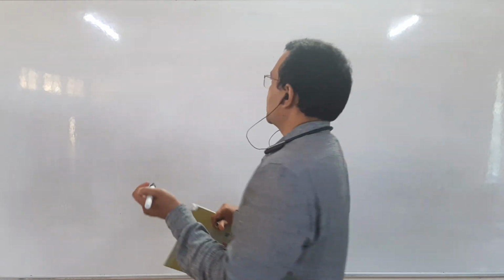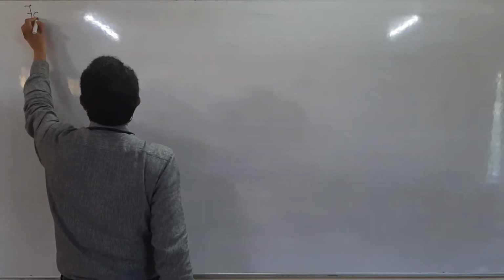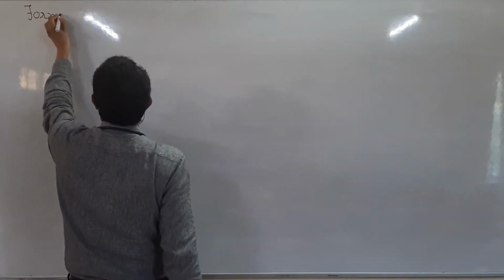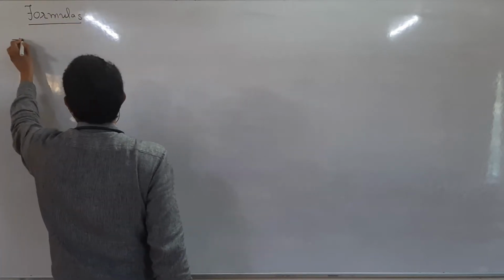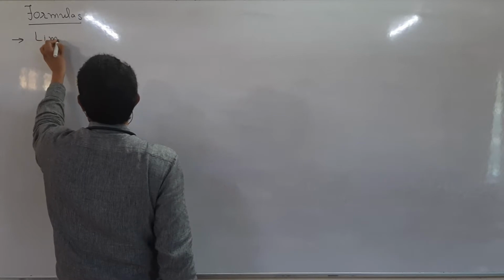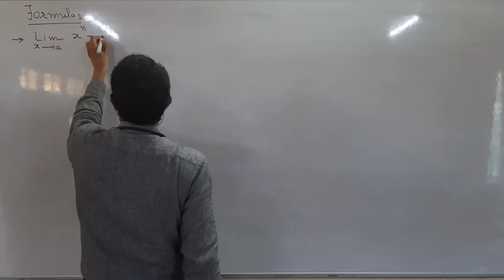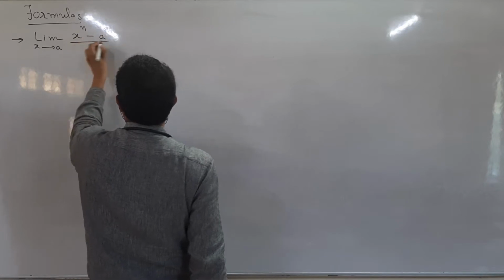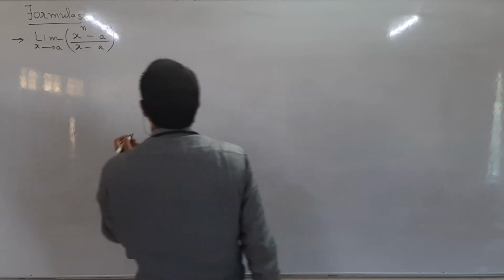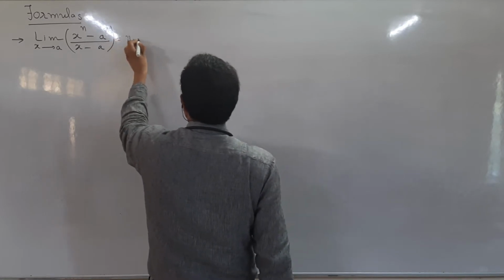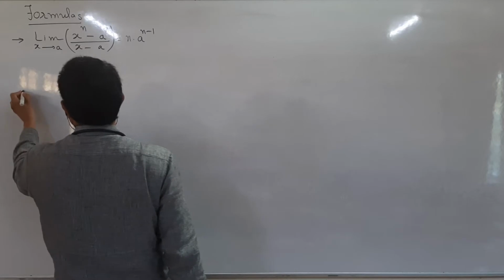In the last lecture, we have studied two new formulas which we are revising first. The first formula was limit x tends to a, x raised to n minus a raised to n upon x minus a, and this is equal to n a raised to n minus 1.